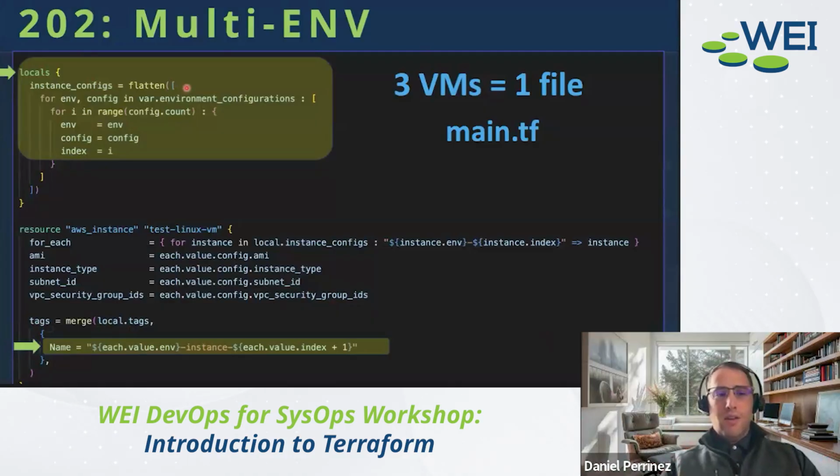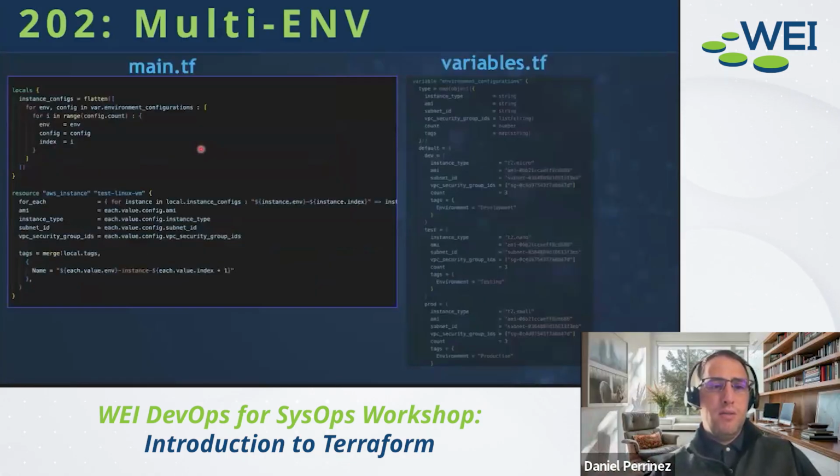It's taking these config values that we have in various places and flattening them together in one object, basically. So this is saying, for your environment and your configs in var.environment configurations, set these values. Where's that var.environment configurations?